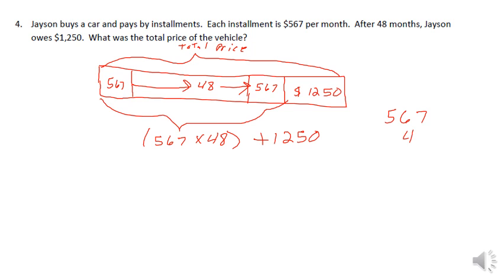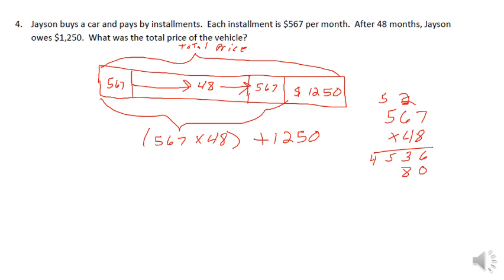567 times 48. 8 times 7 is 56. Carry 5. 8 times 6 is 48, and 5 is 53. 8 times 5 is 40, and 5 is 45. We're going to put our placeholder, so all we have to do is worry about the 4. 4 times 7 is 28.